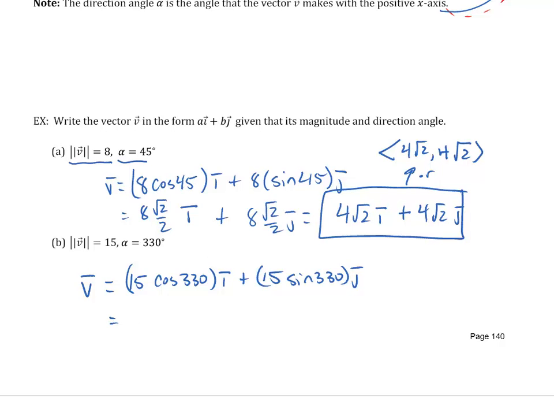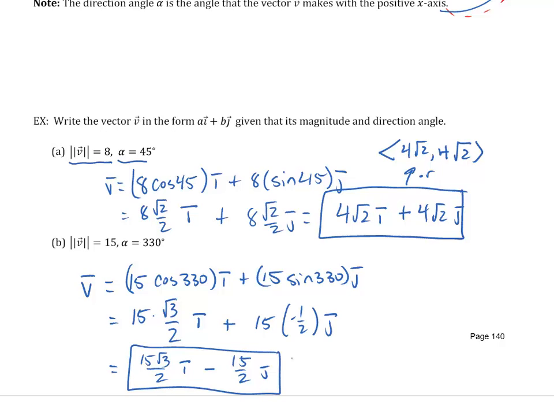The cosine of 330 degrees would be the square root of 3 over 2 i, and then the sine of 330 degrees would be a negative 1/2. So that gives me 15 square roots of 3 over 2 times i minus 15 over 2 times j, or in angle bracket form, just like that.